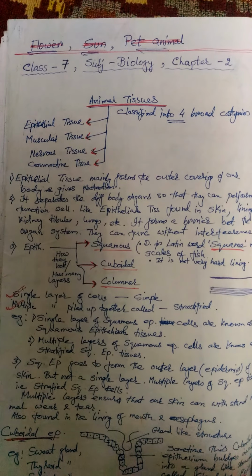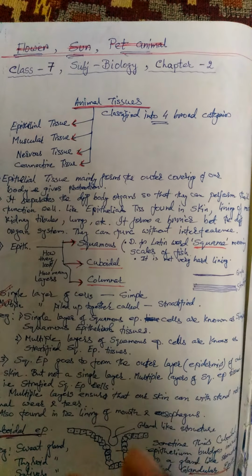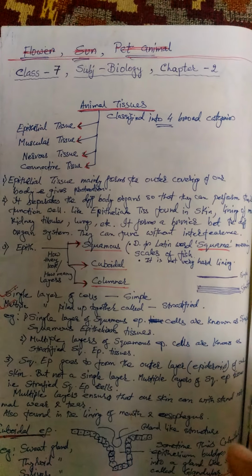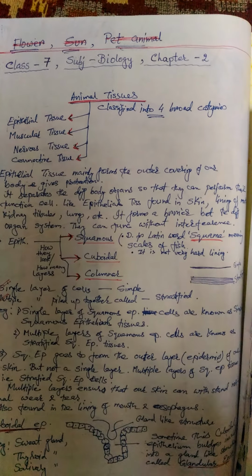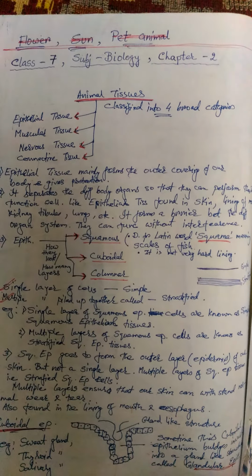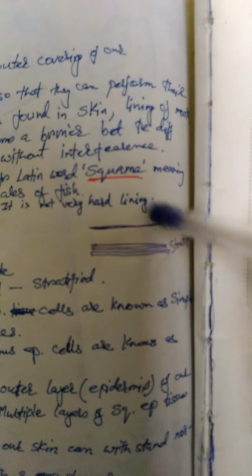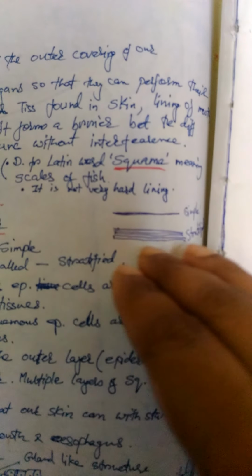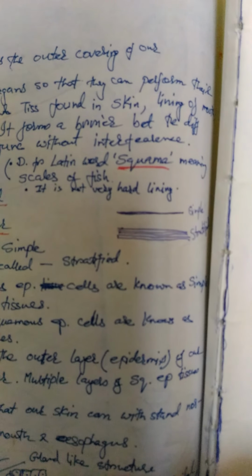So, in that case, a number of layers of these cells actually form the outer epidermis of our body. Like I can show you here, this you see, this is a single layer of our squamous epithelial tissue, as it is shown here.